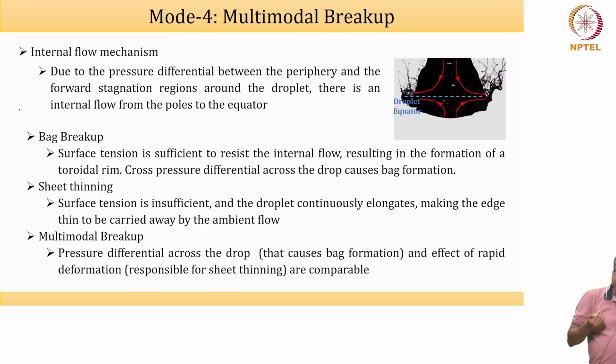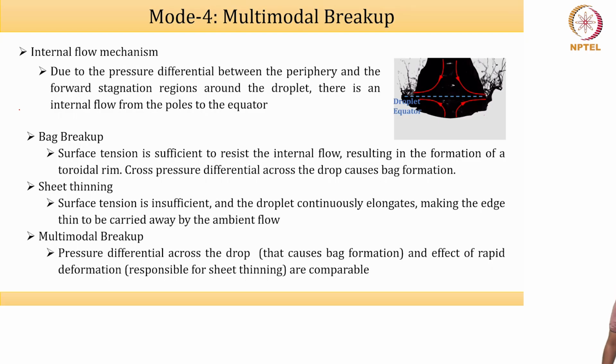So there is no recovery mechanism. And in the case of multimodal breakup, the pressure differential across the drop that causes the bag and the rapid deformation responsible for the sheet both become comparable, and therefore you have both mechanisms happening. Understood? So it's how the surface tension is toggled in either of the directions.